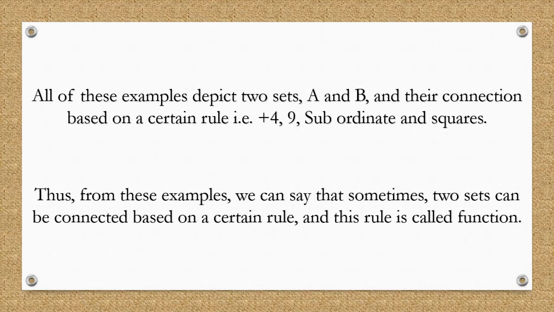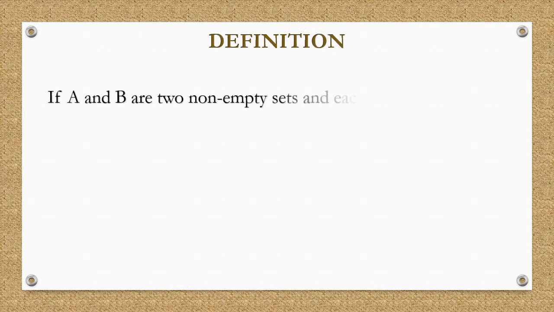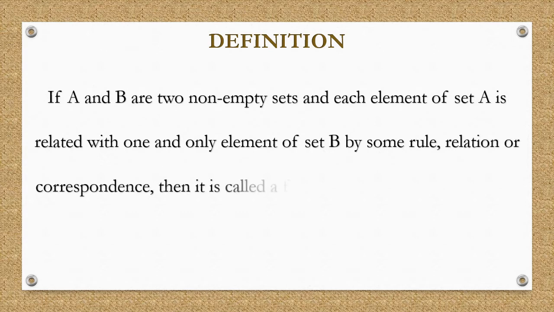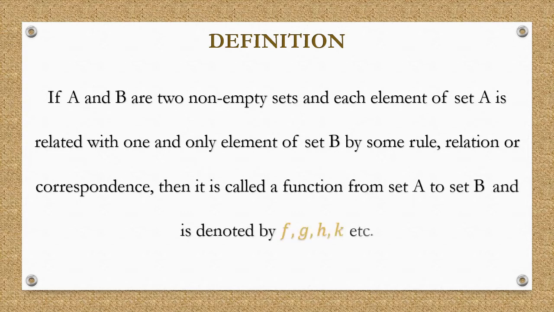Now let's properly define this term. If A and B are two non-empty sets and each element of set A is related with one and only one element of set B by some rule, relation or correspondence, then it is called a function from set A to set B, and this function is denoted by alphabets like f or g or h or k and many others.